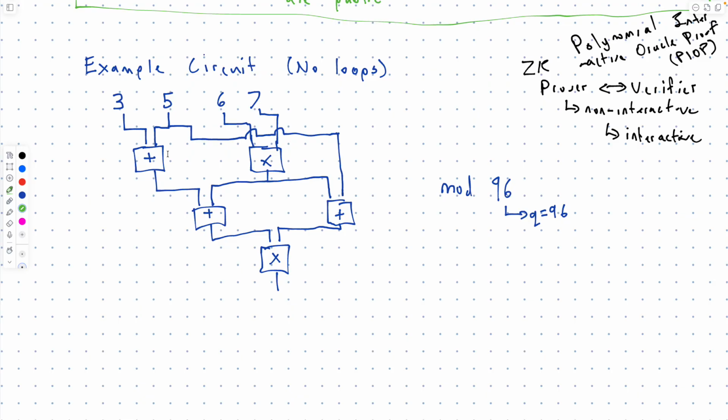Okay, what's 3 plus 5? 8. All right, so we'll write an 8 on this wire. So this wire here has an 8 on it, all right? What's 6 times 7? 42. It will get a little harder. What's 42 plus 5? The 5 just denotes hopping over the wire.